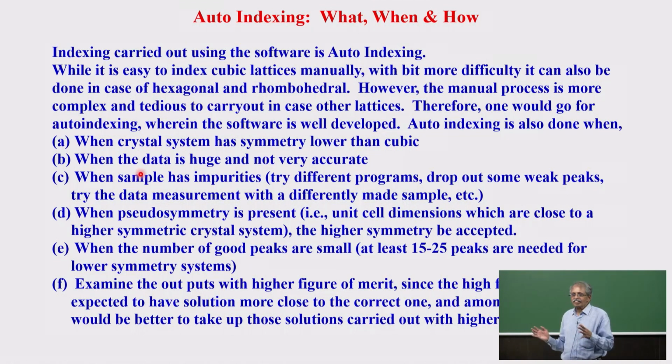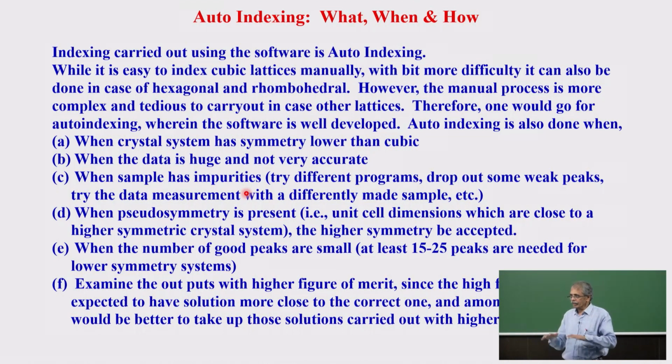When the data is huge, but a lot of reflections are not very intense, and thereby may not be very accurate, because low intensity reflection measurements will be somewhat less accurate. So the data may be huge, but the intense reflections are very few. Also when a sample has some impurities, you have the main sample's reflections as well as the impurity reflections.